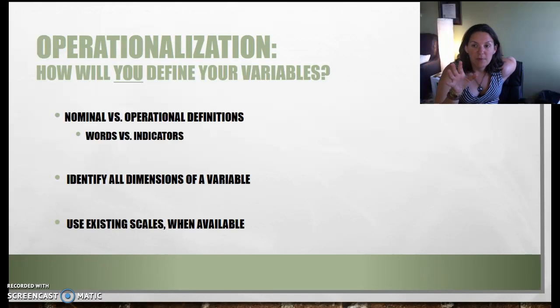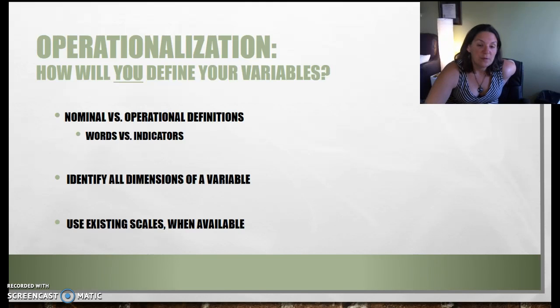Like I said, there's much more content in your chapter about this, but on a very basic level, a nominal definition is a narrative word-based definition. And an operational definition is you saying this is how you're actually going to measure it. And so you need to have both. You need to say, when I talk about race, this is what I mean. And then you need to say, and here's how I'm going to measure race. And that's your operational definition.